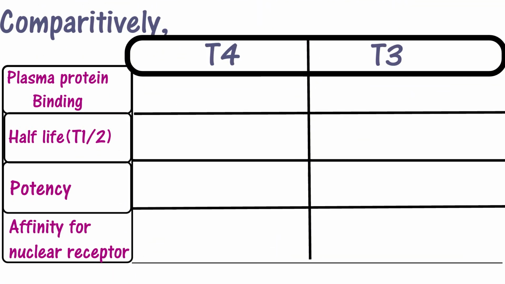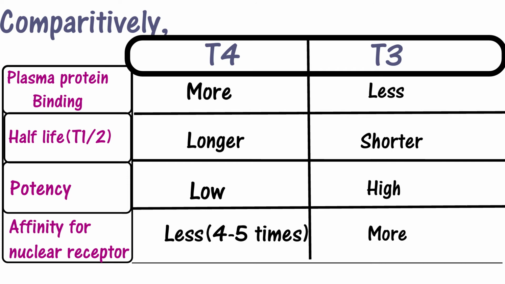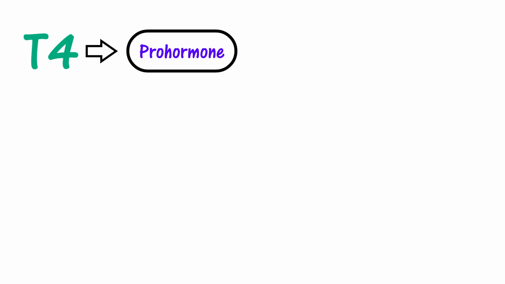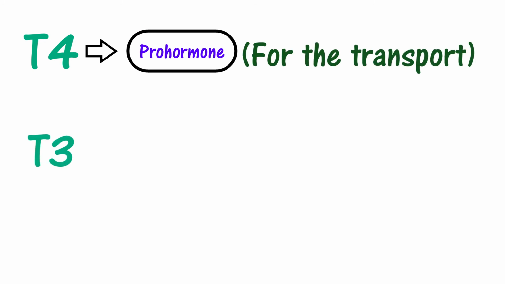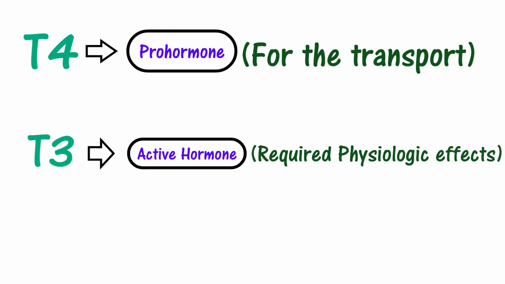Comparatively, T4 is more plasma protein bound, has a longer half-life, and is less potent, with 4 to 5 times less affinity for the nuclear thyroid receptor as compared to T3. T4 acts rather as a prohormone for transport, while T3 is the active hormone showing the required physiological effect.